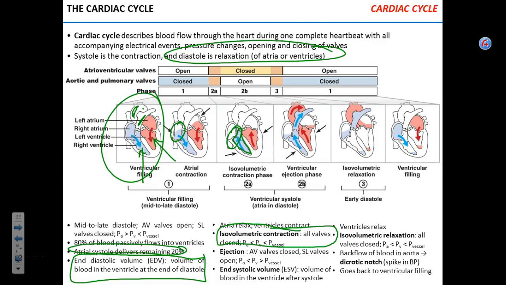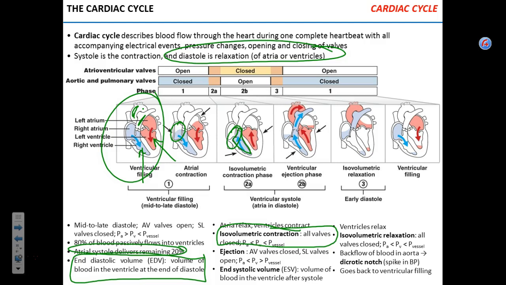And then, eventually, the blood pressure in the ventricle becomes higher than in the great vessel. What's going to happen to the valves? Which one? Why is AV still closed? Excellent, because pressure in atria is still lower.